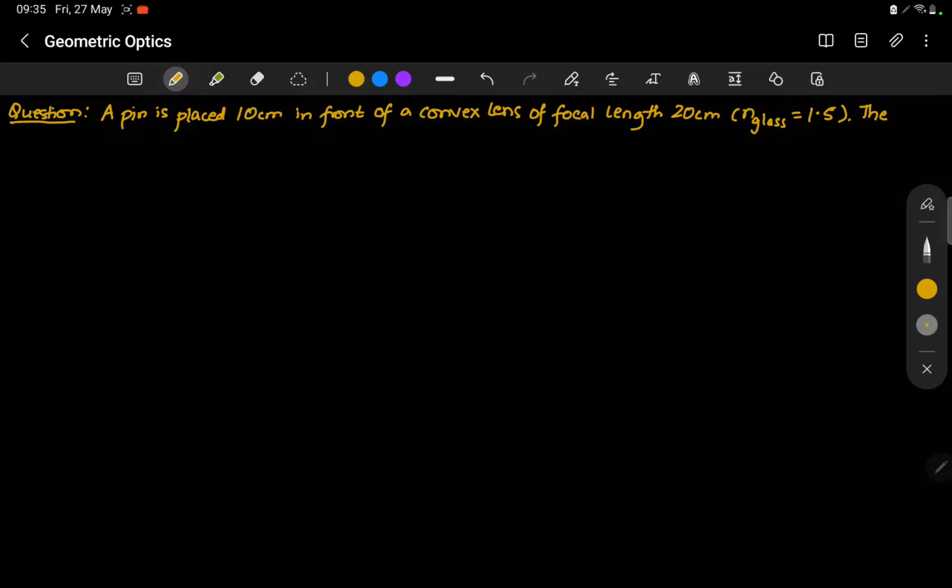The surface of the lens farthest from the pin is silvered.